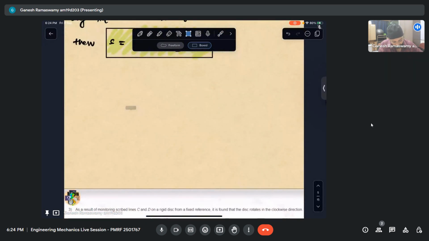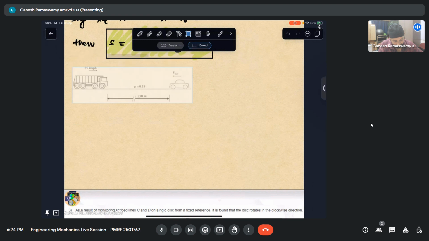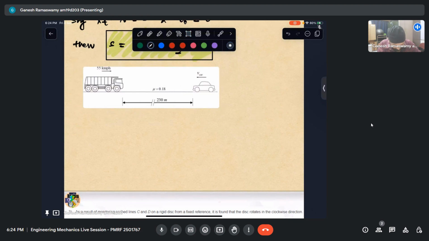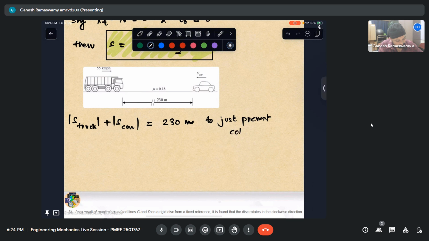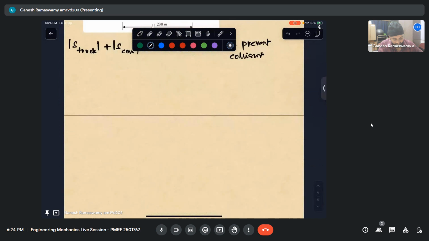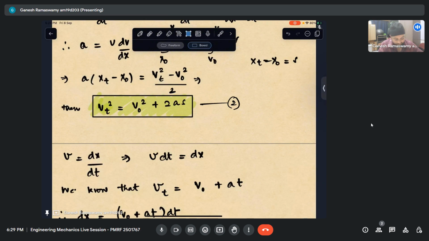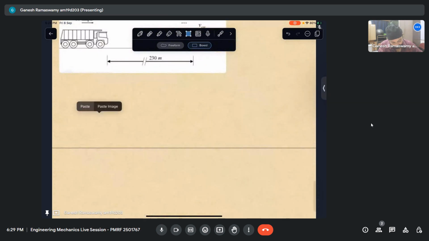So this gives us the equation that the magnitude of s of the truck plus the magnitude of s of the car is equal to 230 meters to just prevent collision. I take this equation of motion and put it here.